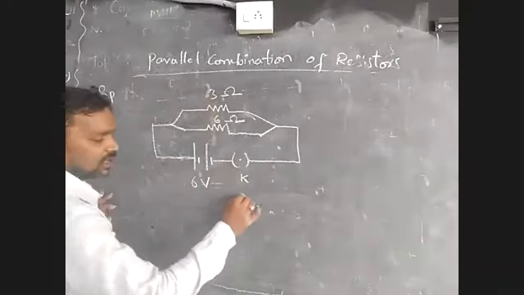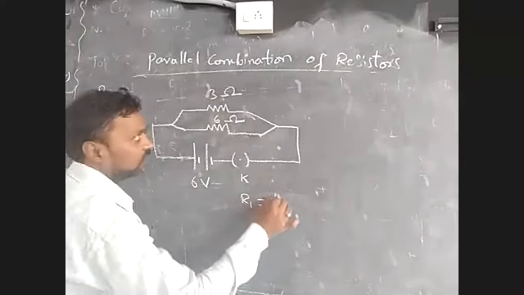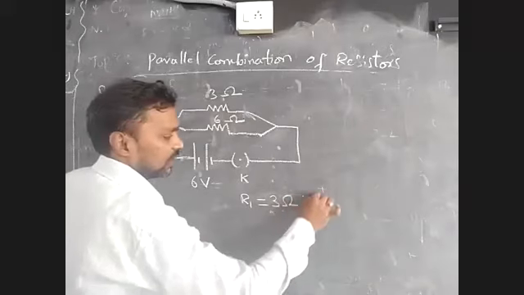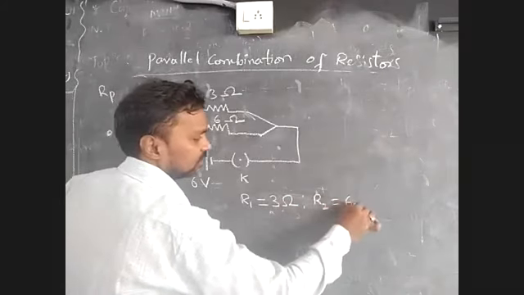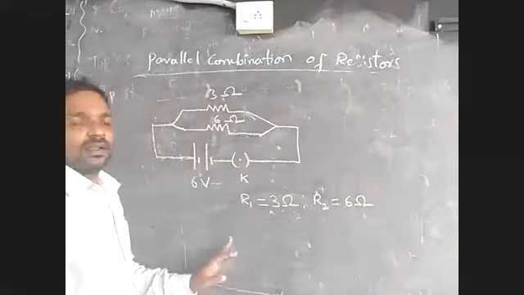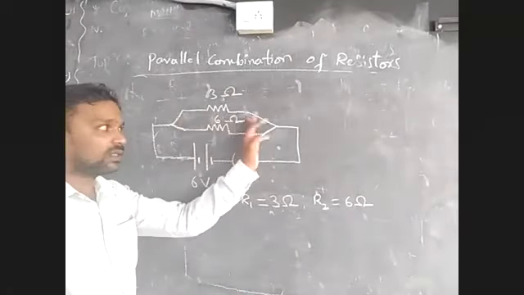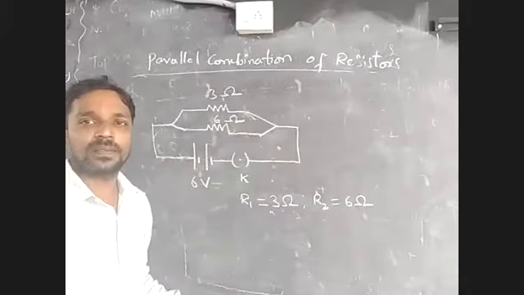3 ohm, that means R1 is equal to 3 ohm. Next, R2 is equal to 6 ohm. I want to find the value of current flowing through this entire circuit, the total current.